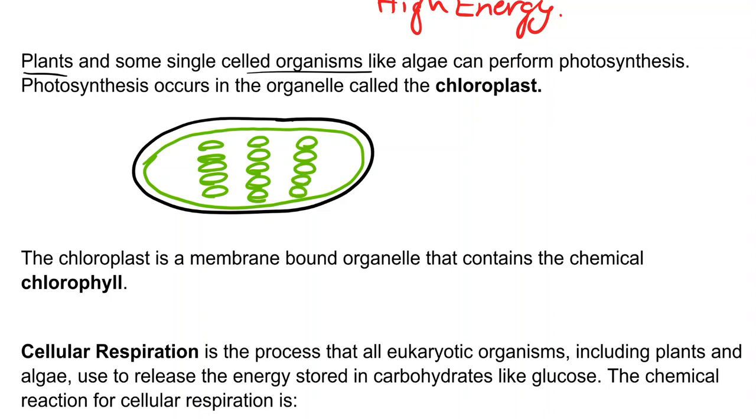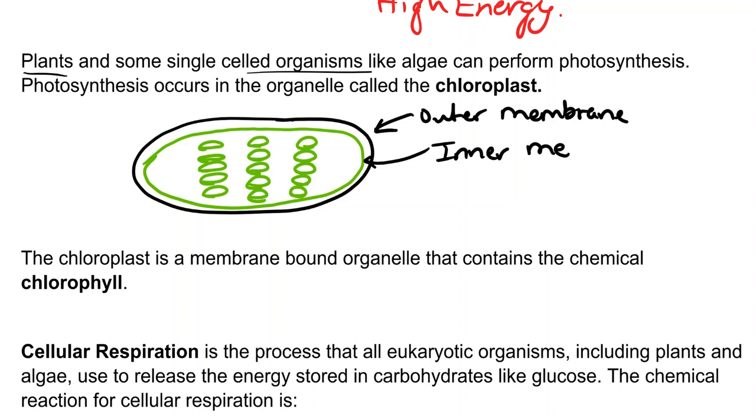So in here, we've got an outer membrane. We also have an inner membrane. And this is really crucial for the operation of the chloroplast. And then we've got these coins that are called thylakoids. The chloroplast is a membrane-bound organelle, right? It's got 2 membranes that contain the chemical chlorophyll.